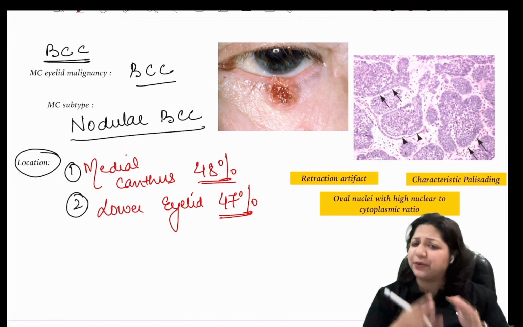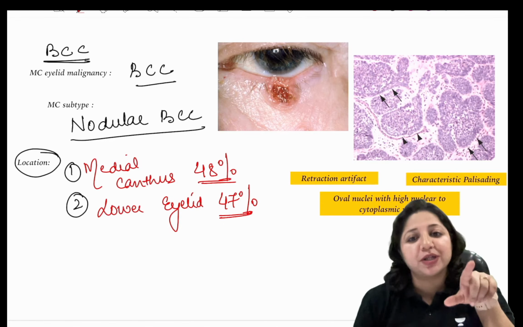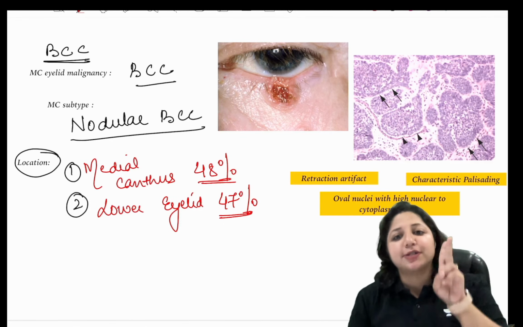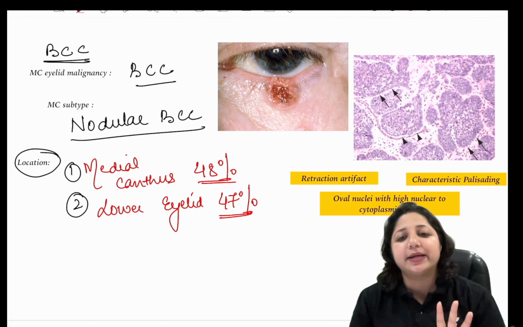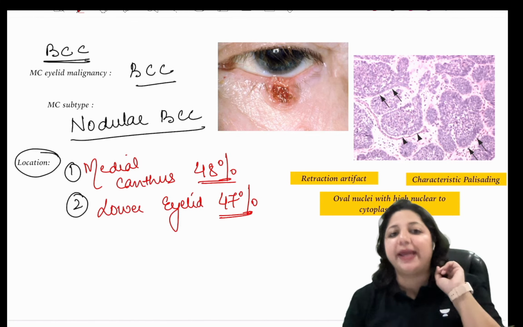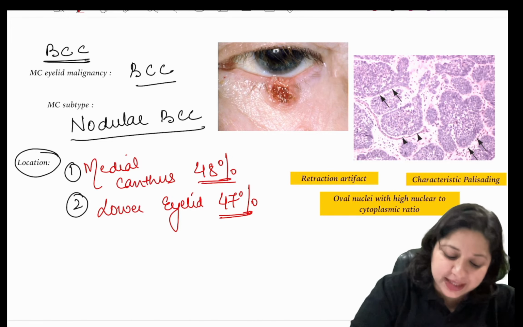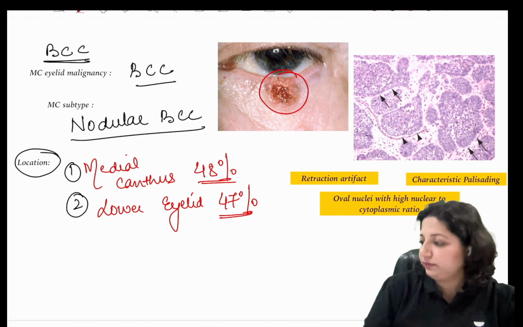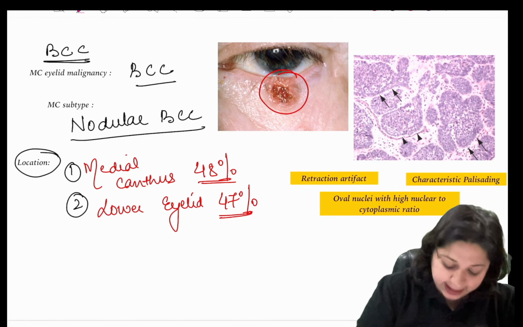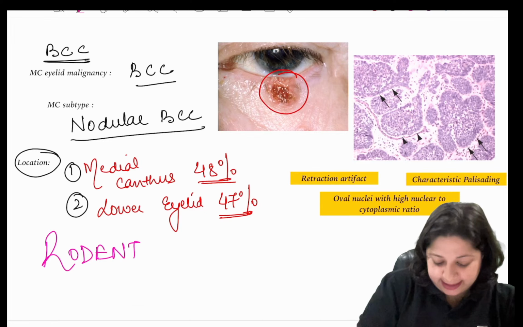That one only which is there, either the lower eyelid or medial canthus. But if the option contains medial canthus, lower eyelid, upper eyelid, and lateral canthus, then the correct answer would be medial canthus. And what is the fancy name of this ulcer? This is called rodent ulcer.